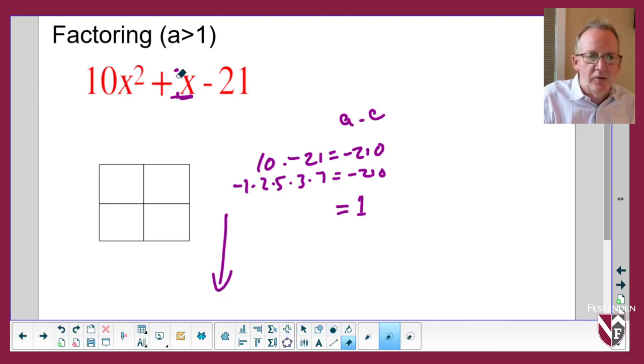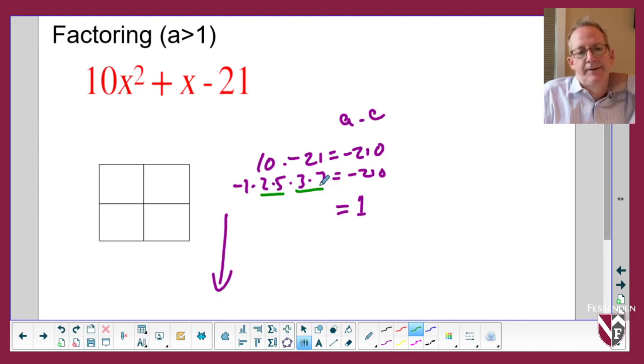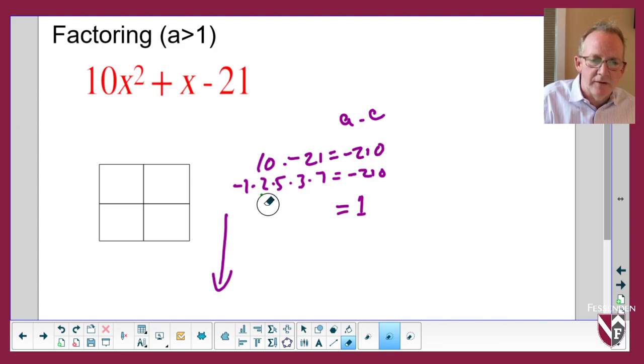Okay? So let's think about how these numbers can group together. Maybe I'll try a slightly different color. I could do 2 times 5 and 3 times 7 and add them together. That would be 10 and 21. One would be negative. That does not equal 1. So let's erase those. That doesn't work.